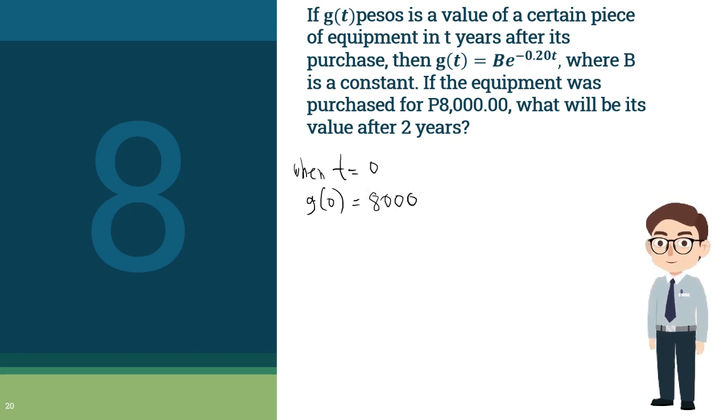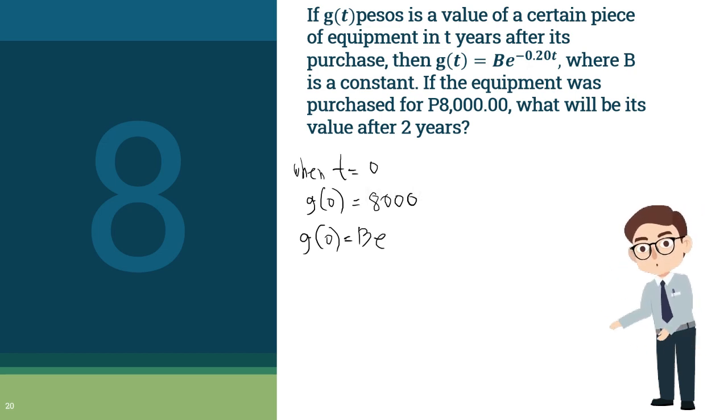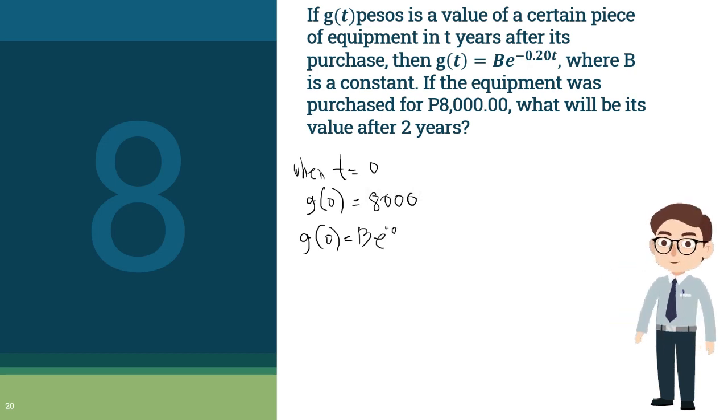Okay? So we will now have the function G of 0 is equal to B E raised to negative 0.20. What is our time? That is 0. Alright.